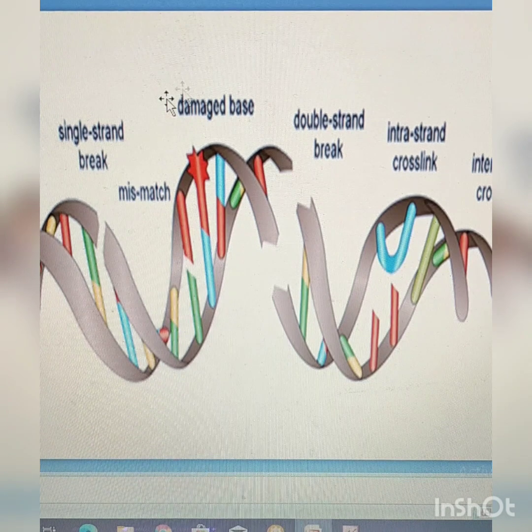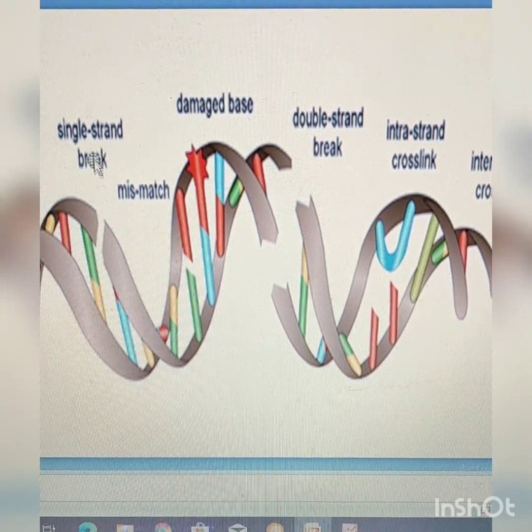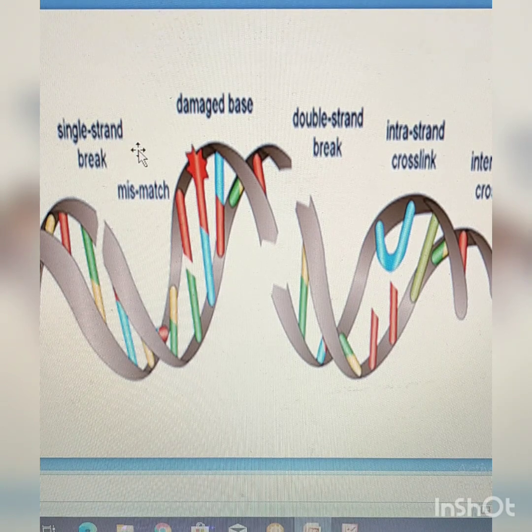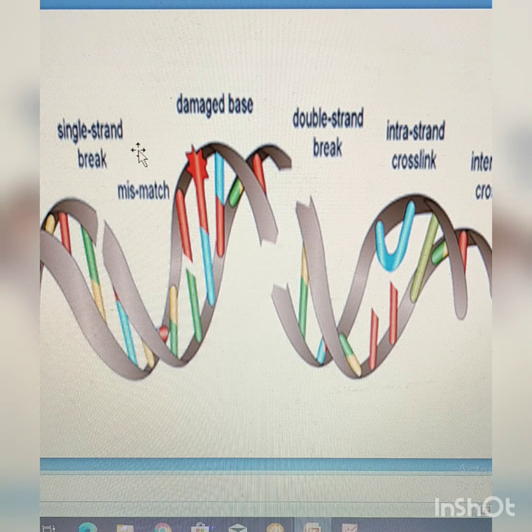Single base alteration is due to depurination, deamination of cytosine to uracil, deamination of adenine to hypoxanthine, alkylation of base, insertion or deletion of nucleotide, base analog incorporation.